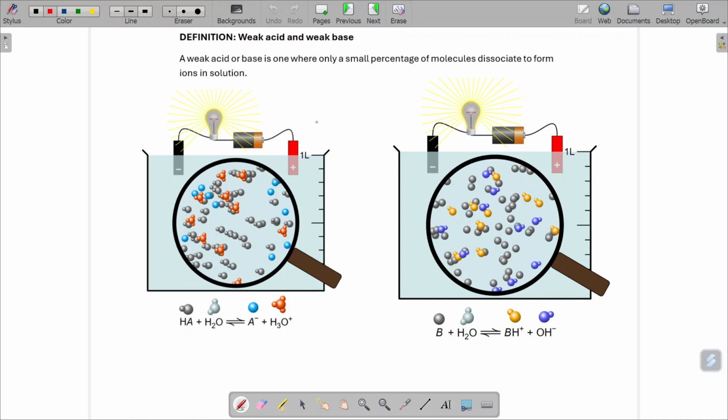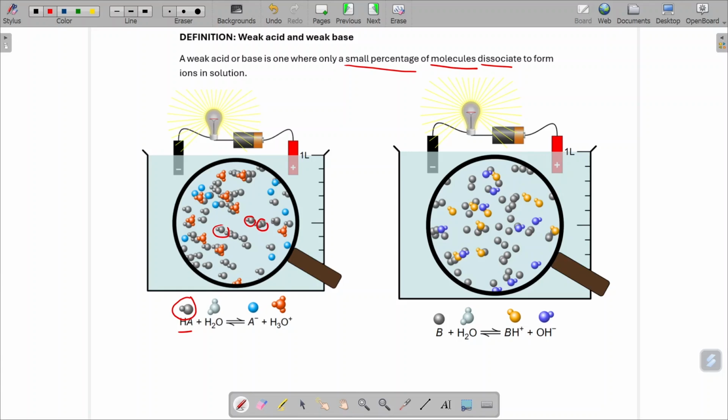Now let's look at a weak acid and a weak base. For a weak acid and a weak base, only a small percentage of the molecules will either ionize or dissociate to form the ions in solution. So if we have a weak acid here, this is an example of a weak acid, we can see that this is what the weak acid molecule looks like, and there are still plenty of weak acid molecules left in the solution.